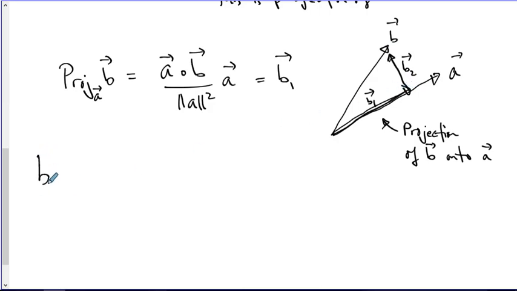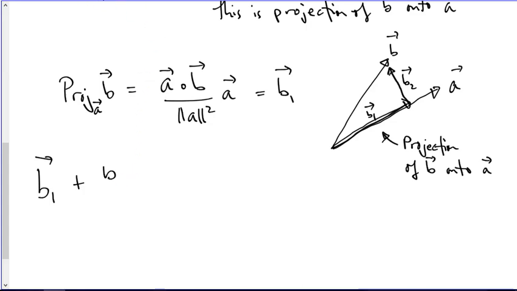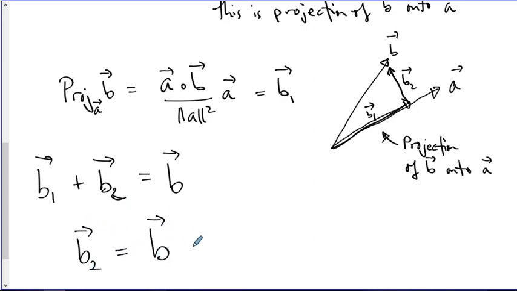In other words, because the vector B1 plus the vector B2 will equal B. B is decomposed into 2 vectors. Sometimes if we want to find B2, sometimes it'll ask for that, we can just take the original vector B minus B1 and do that simple arithmetic component-wise.